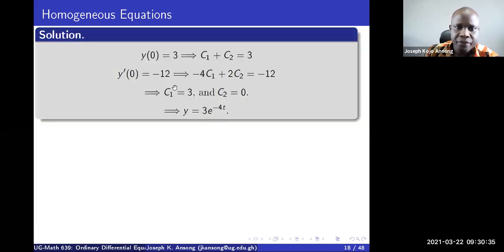When you do that, you're going to get negative 4c1 plus 2c2 is equal to negative 4 from this condition. So you have two equations with two unknowns. So you solve them simultaneously to get c1 is 3, c2 is 0. And so your solution to the IVP is y is 3 e to the negative 4t. Okay.